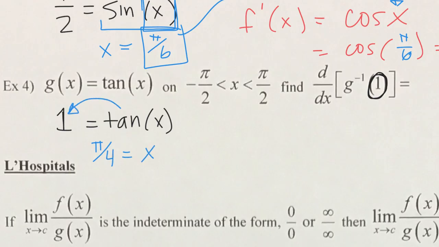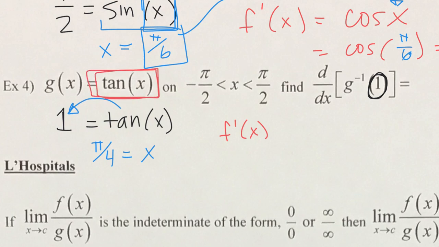The tangent has a value of 1 at 45 degrees, because tangent is a ratio of sine over cosine. So if it's going to be 1, it has to be the same number over the same number: root 2 over 2 over root 2 over 2. The tangent is 1 at pi over 4. Now we have to take the derivative of tan.